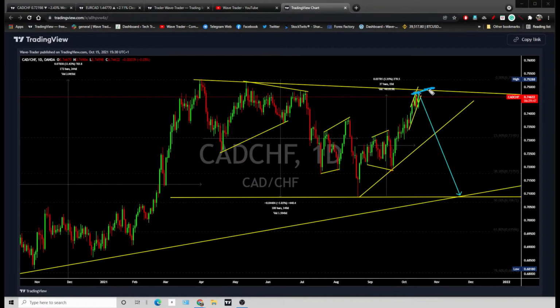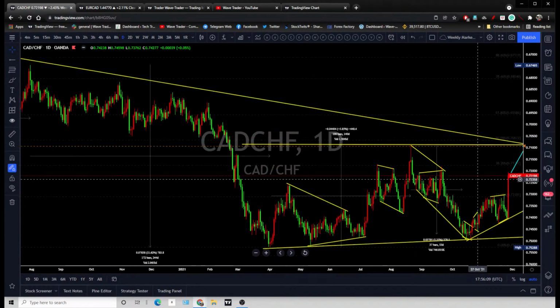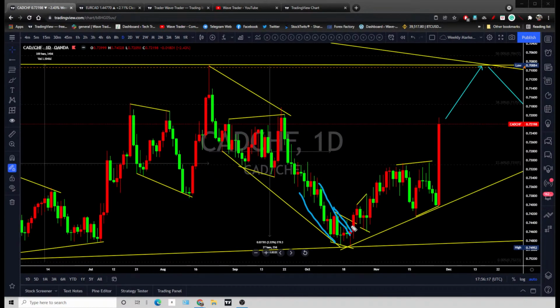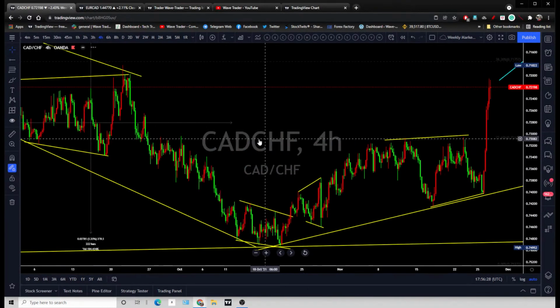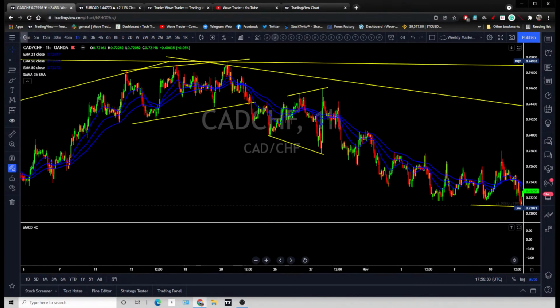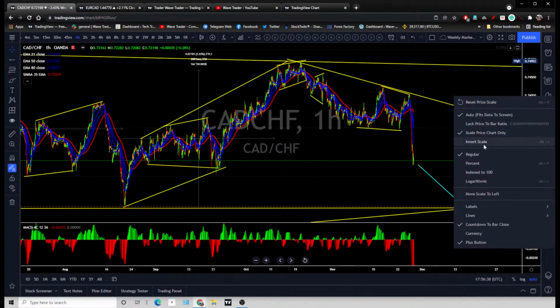It was sitting over there at that top, and if I reverse this chart, at that time it was sitting over there at that floor, the way Euro CAD is sitting right now. And we have just seen that blistering move over there. So this is the correction which I'm talking about on the Euro CAD to appear. Or if I pull out a 1 hour time frame, I'm going to look at that inverted chart again.